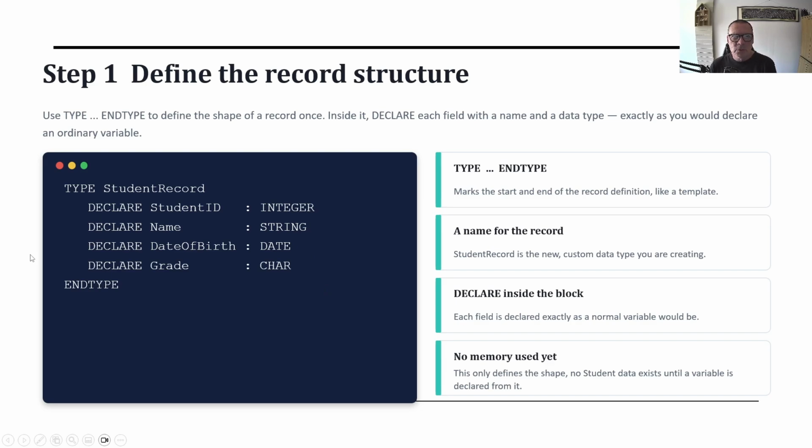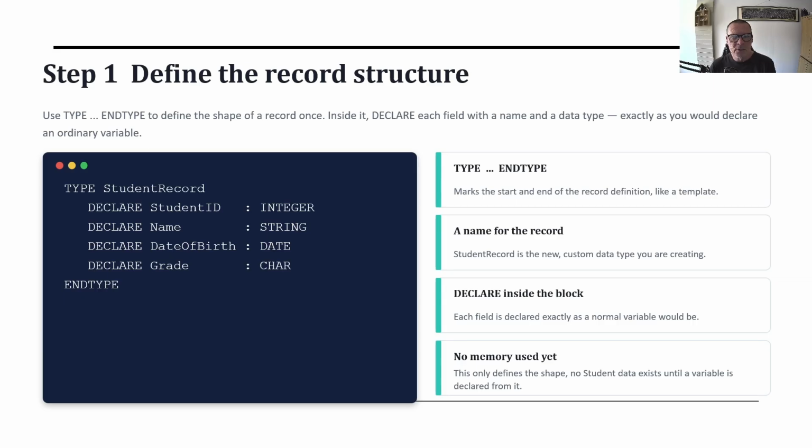So to use records in CIE pseudocode, we're going to first use the TYPE and ENDTYPE as a template wrapper, and inside we're going to declare all of the individual fields that we want. So TYPE ENDTYPE marks the start and end of the record definition. We have a name for the record, in this case StudentRecord.